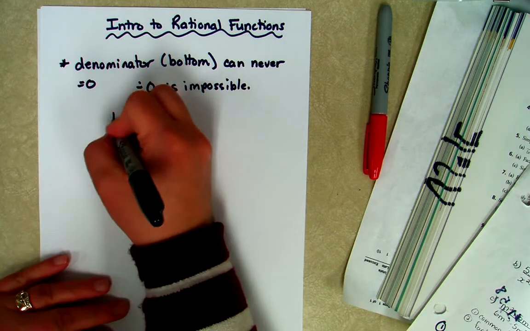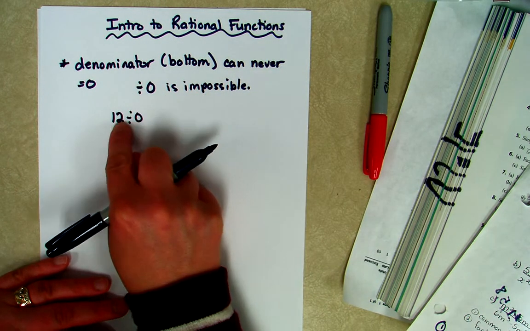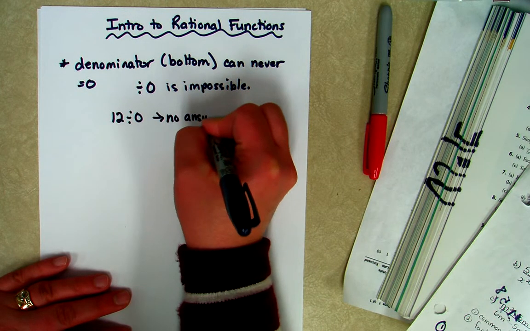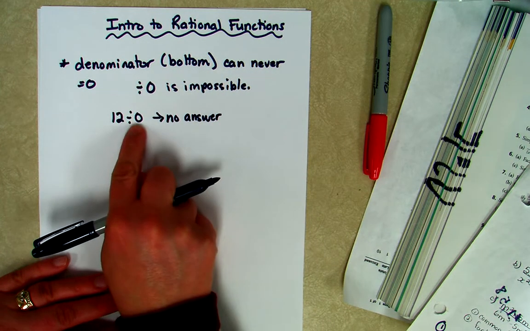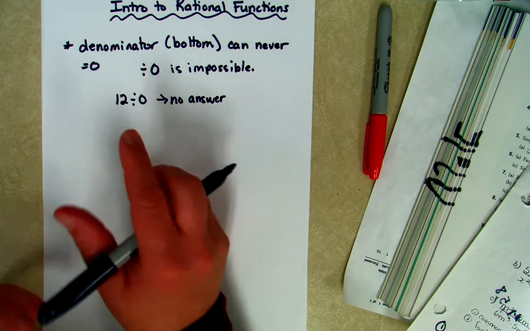So if I look at 12 divided by 0, that means how many groups of 0 does it take to get 12? Well, there's no answer to that, because no matter how many groups of 0 you still have 0. So dividing by 0 represents an impossible thing.